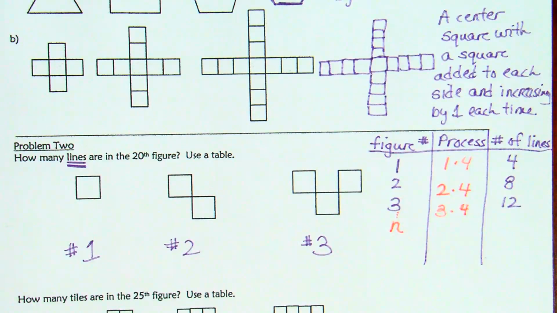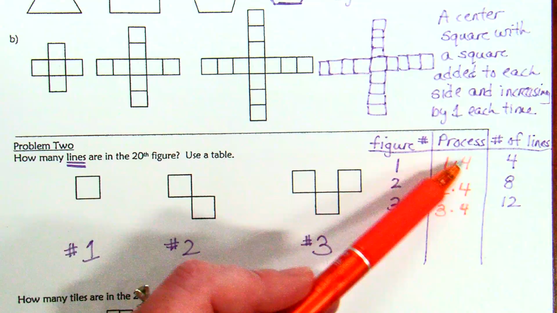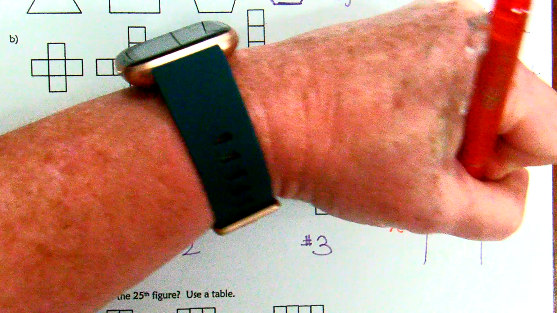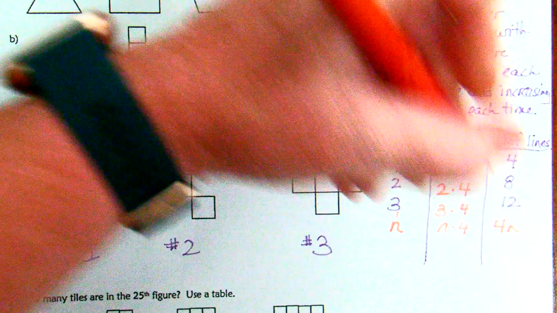How do I figure out how many lines are in the nth figure? What did we do every other time? It was 1 times 4, 2 times 4, 3 times 4. So it's n. What do we do? Times 4. And what is n times 4? n times 4 is n times 4, or in other words, 4n.